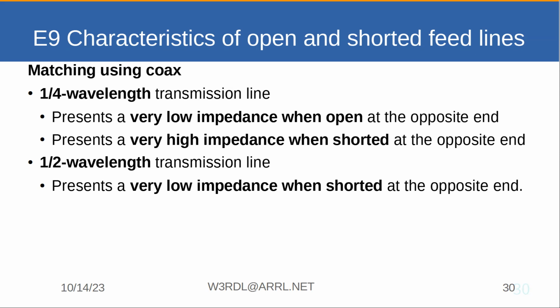If you go 90 degrees, or quarter wavelength, then you're going to be at a peak, either positive or negative. If it's a half wave, then you're going to do a quarter and a quarter. So if you're shorted and you go a quarter, it's high impedance. If you go another quarter, you're back to looking like it's shorted.